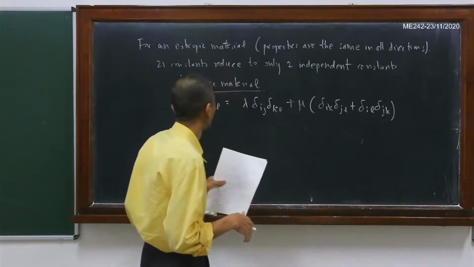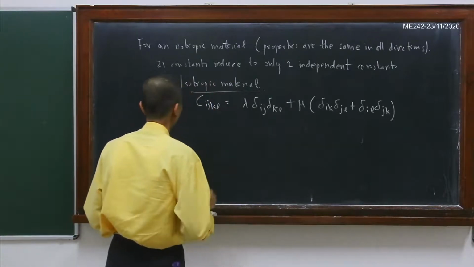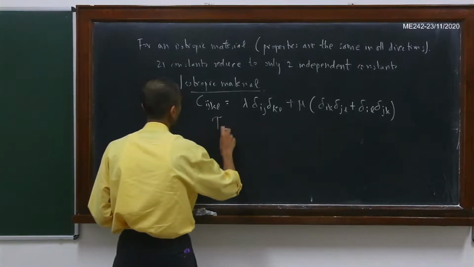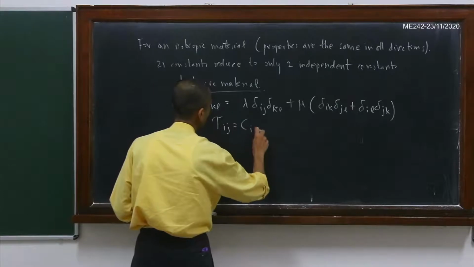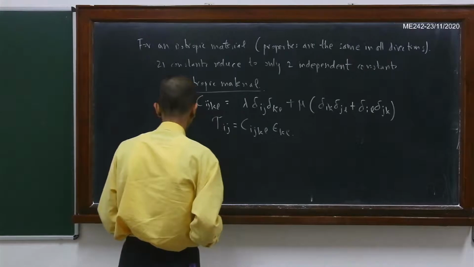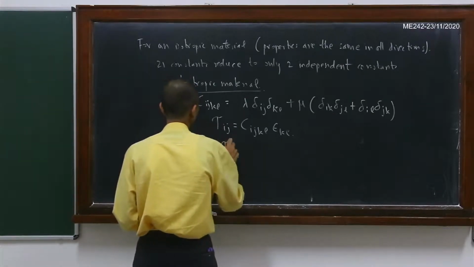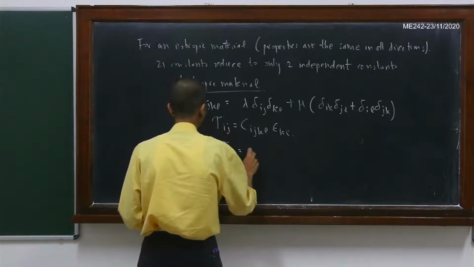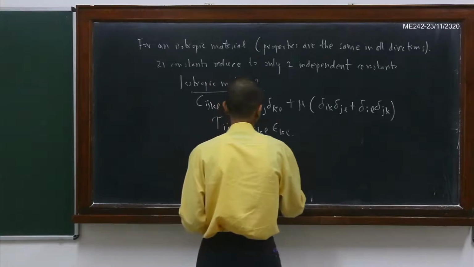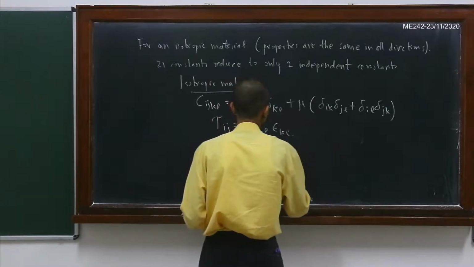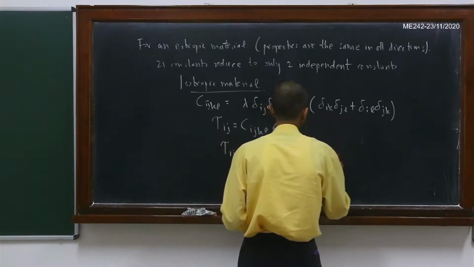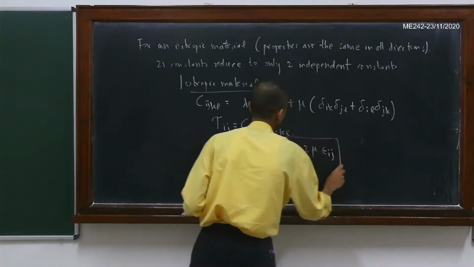Now if I substitute this particular form of the constitutive relation into the equation tau_ij = C_ijkl epsilon_kl, then what I will get is tau_ij is equal to lambda times epsilon_kk times delta_ij plus 2 mu times epsilon_ij.